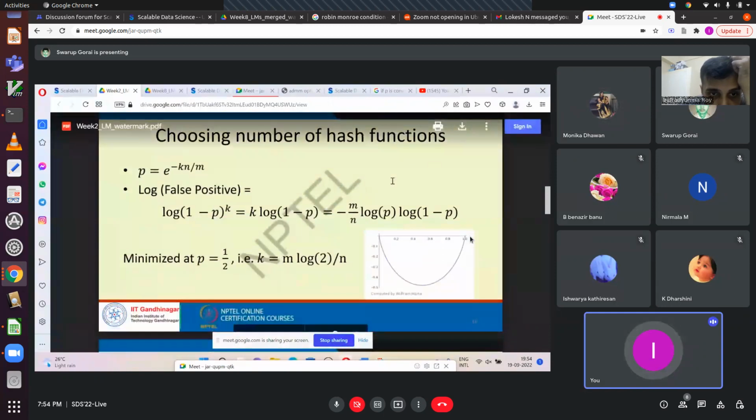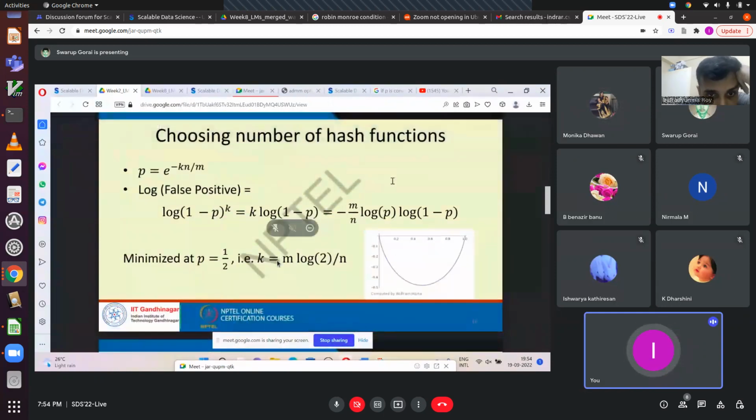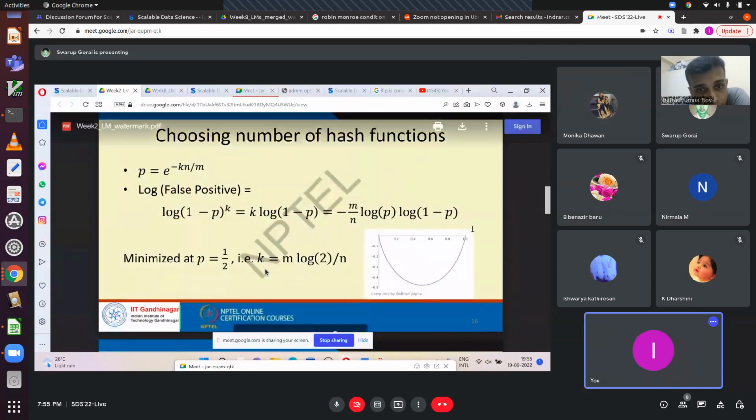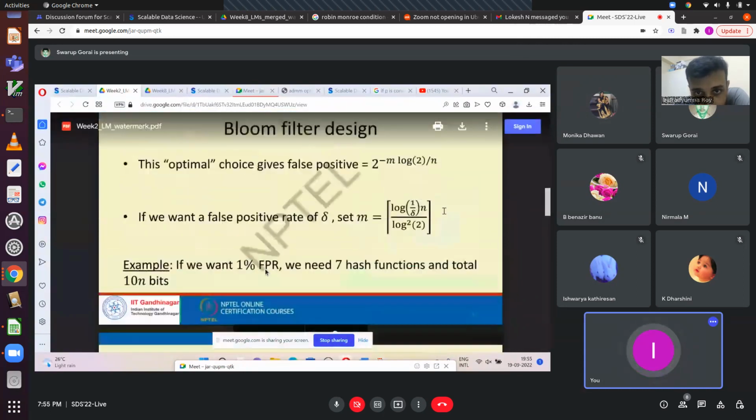So here, wait. Here one equation is that if you know m and n, then you can get k, right? This equation you understand, right? ln2, this is a natural logarithm. So k equals ln2 times m by n. Okay, keep this in mind. And now go below. Yeah, here, wait, here. Here you have m if you know n, right?